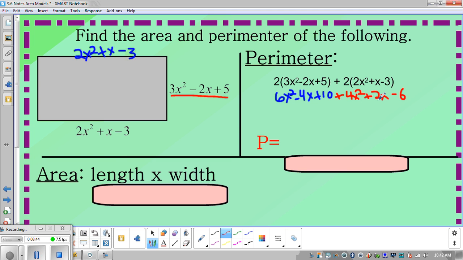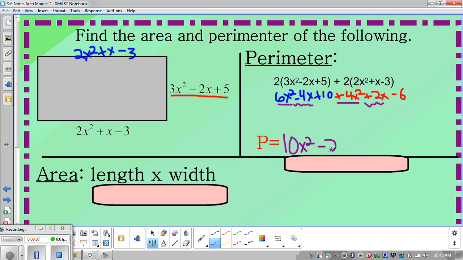Now I've got to go back to my last section and remember how to combine like terms. X squareds, I have 6 here and 4 here. So altogether I have 10 x's that are squared. When I look at my x's to the first powers, I have negative 4 and a positive 2.